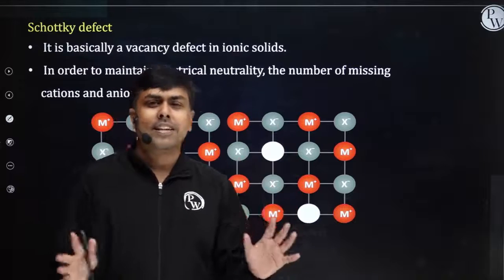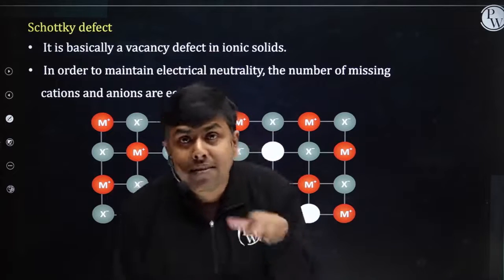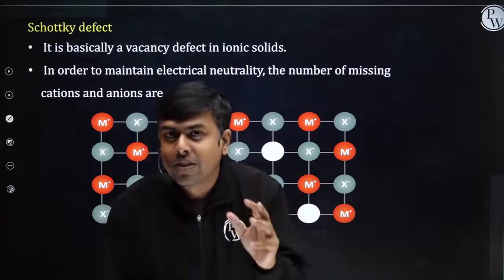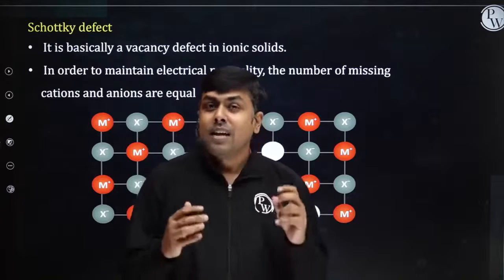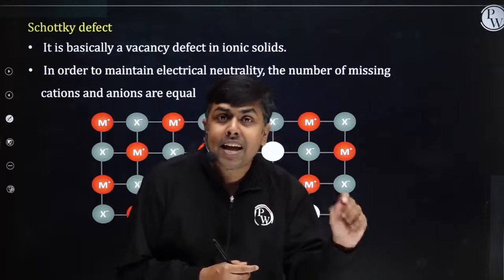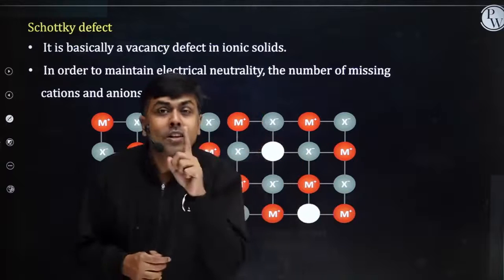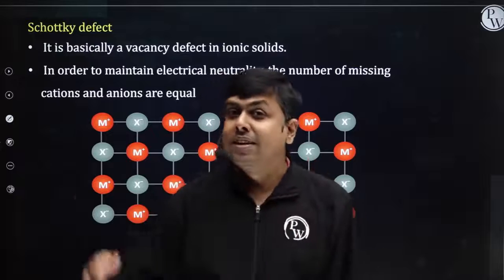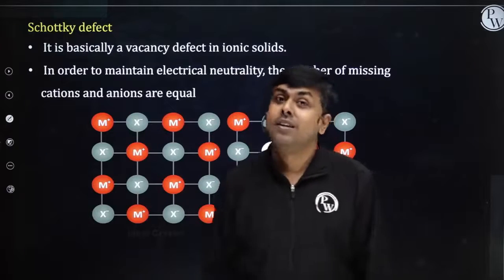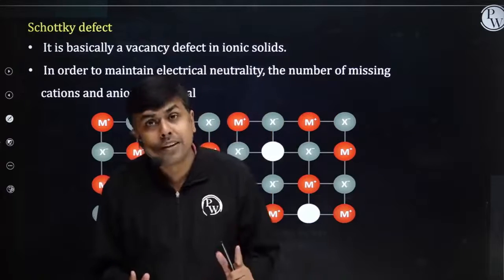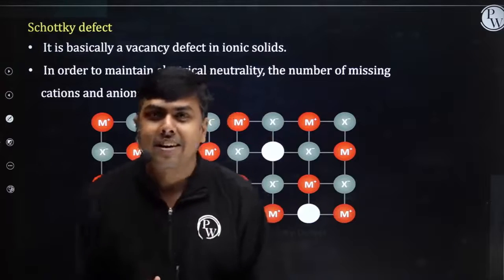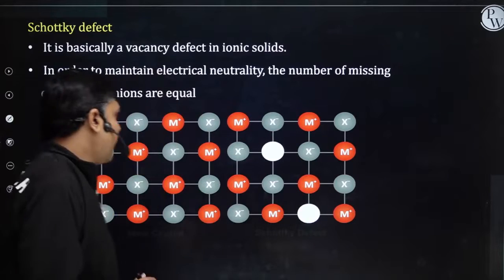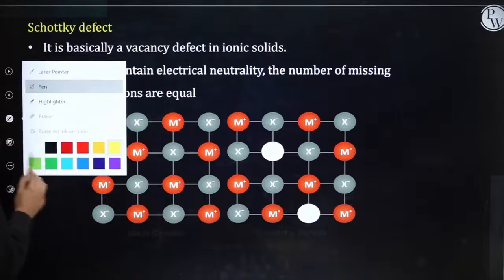Suppose initially there are 6 M plus and 6 X minus. Now, if it's Schottky defect, an equal number of cations and anions should be missing from the lattice site. So if 2 cations are missing, 2 anions also have to be missing from the lattice site. Am I clear? Okay.